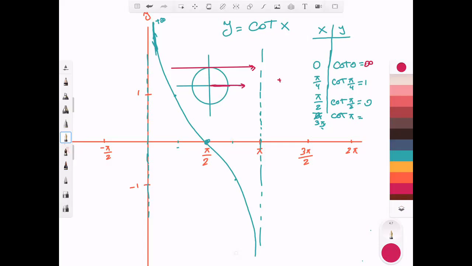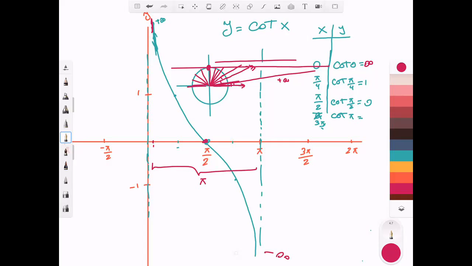It goes to positive infinity. When theta gets bigger, it will touch. For example, at 1 degree, it will touch the tangent line far away. That's why it's coming from far away. When theta gets bigger and bigger to pi half, it hits 0. After pi half, it gets negative, and at pi it will be negative infinity. So this is one period of cotangent.